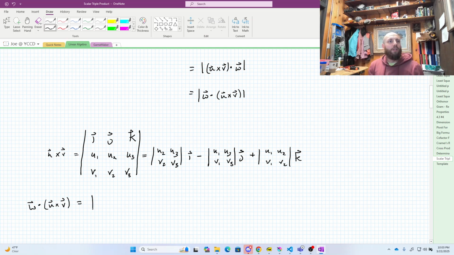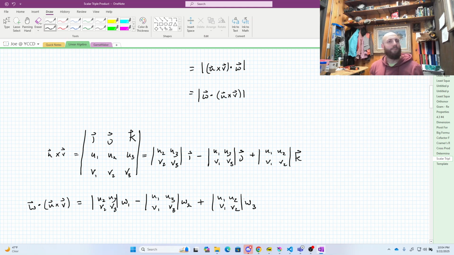So I'm going to get the determinant of u2, u3, v2, v3, that's the i component, times the i component of w, minus the determinant of u1, u3, v1, v3, times the w component in the second spot, so that's w2, plus this determinant of u1, u2, v1, v2 times that third component.